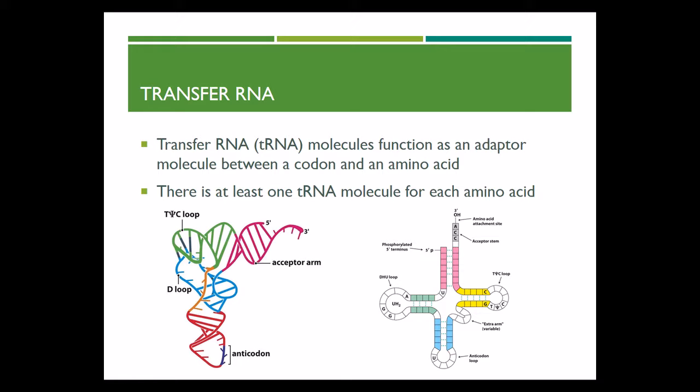It is the 5' end of the tRNA that pairs with bases near the 3' end to form the amino acid acceptor stem. Here's our 5' end. Here is the 3' end. And notice we have base pairing, which forms this acceptor stem.